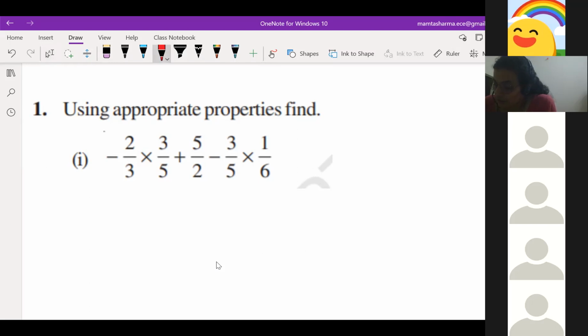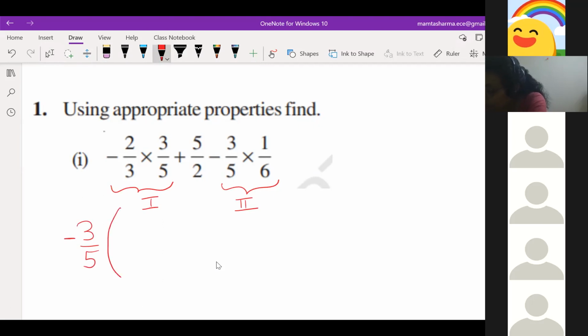Can you see here, in this term and in this term, which number is common? 3 by 5 is common. But it's minus 3 by 5. Then in the first and second term, minus 3 by 5 is common.